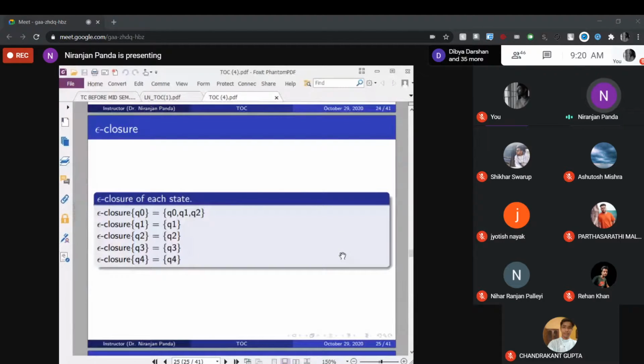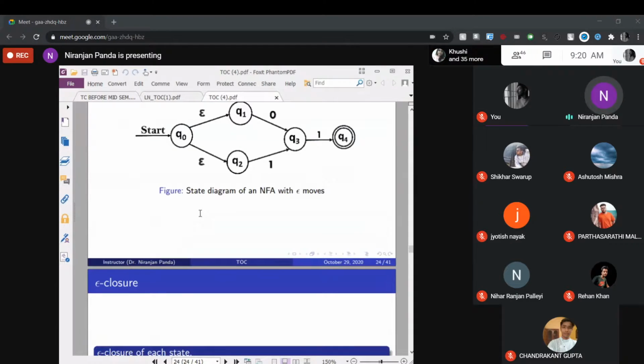So you can see the epsilon closure of Q0 is {Q0, Q1, Q2}. Within a pair of braces means this is a particular set.